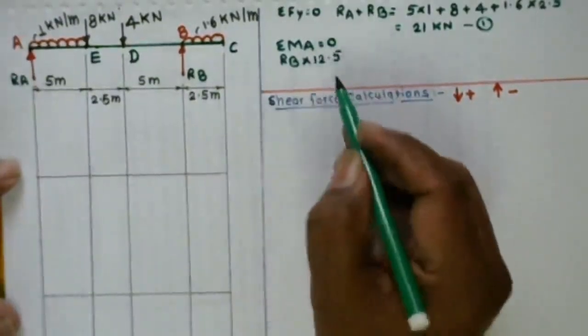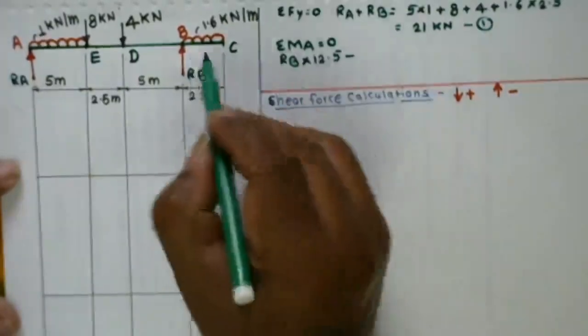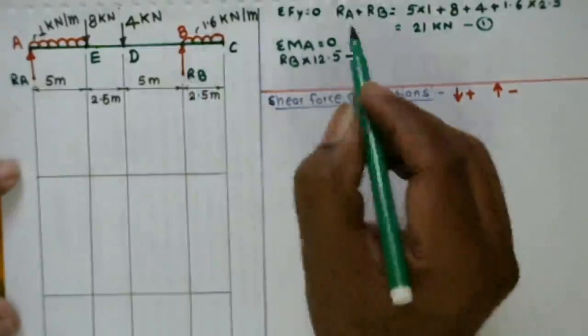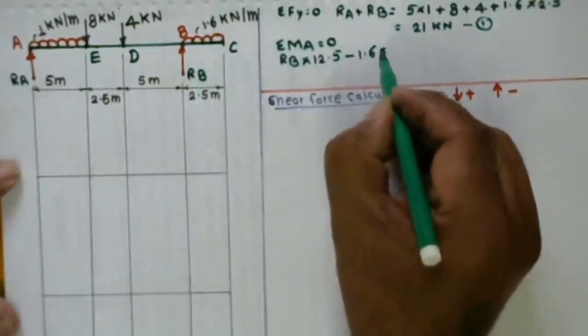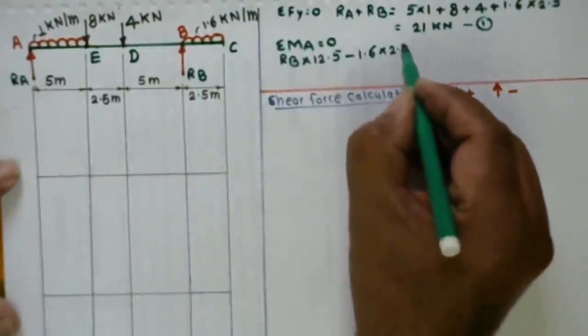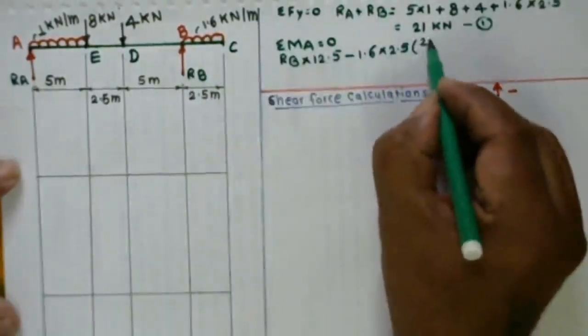12.5, and then next I am considering this UDL. Due to that UDL, the moment is acting clockwise, so we have to consider a minus sign: 1.6 into 2.5, and it is acting at the center of this span.